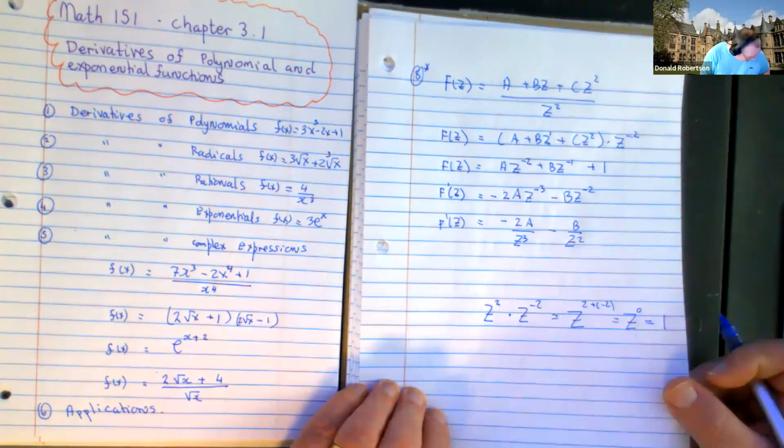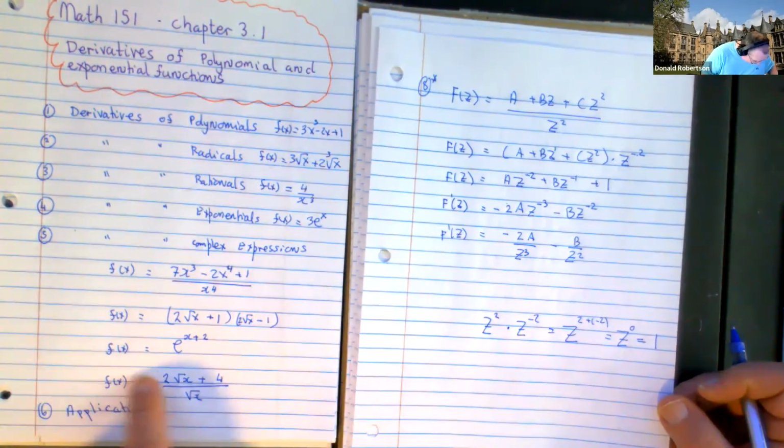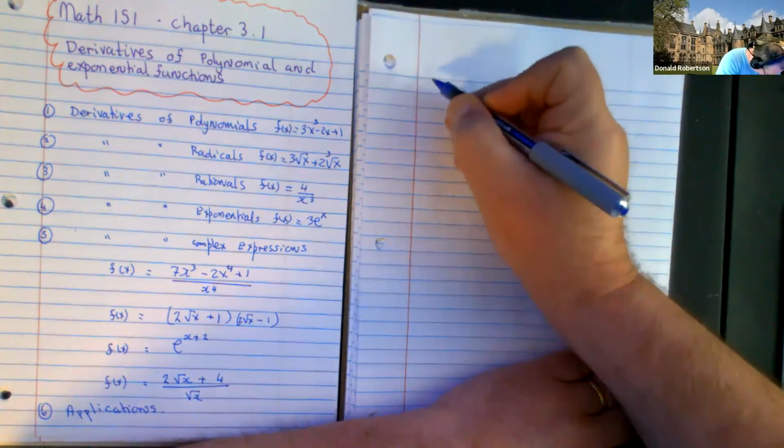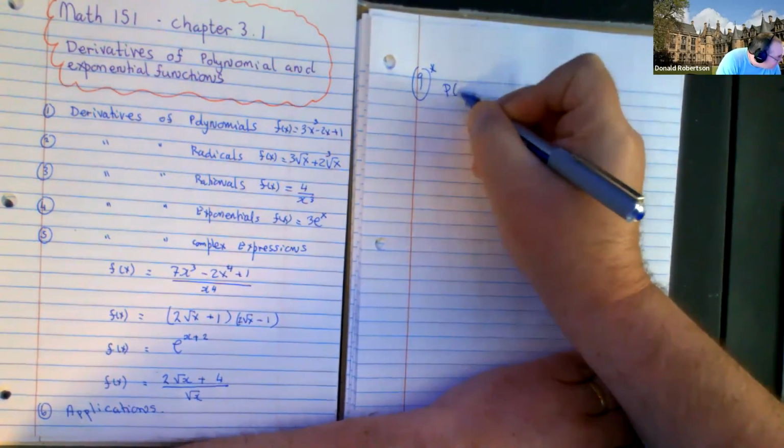Let's try a guy with this look to it. I'm going to do a version of my guy here, but I'm going to do 9, and we've got a change in variable, it's now w.